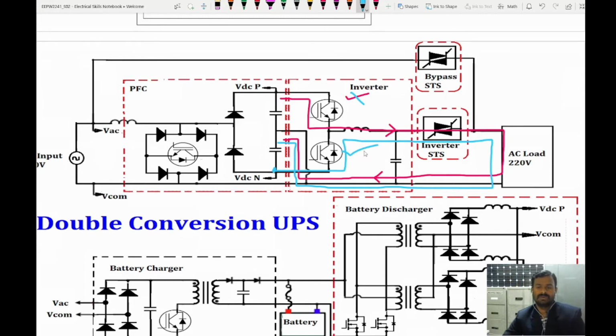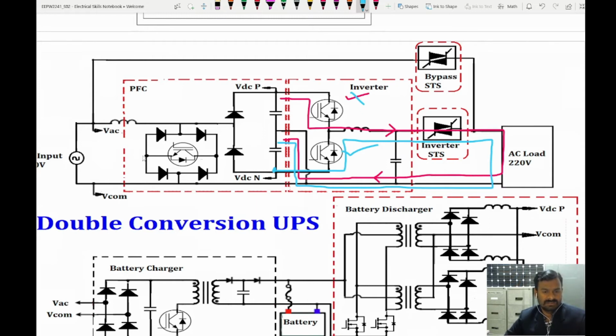So you can see the current flow direction is opposite when each IGBT is conducting, so that we achieve the AC signal. The required magnitude is controlled by controlling the IGBTs' duty cycles. So based on the duty cycle, the magnitude can be controlled. Also we have a filter unit so that we have a smooth output on the output side.